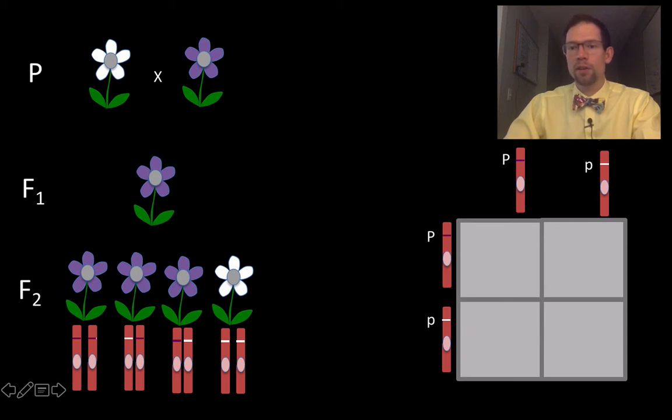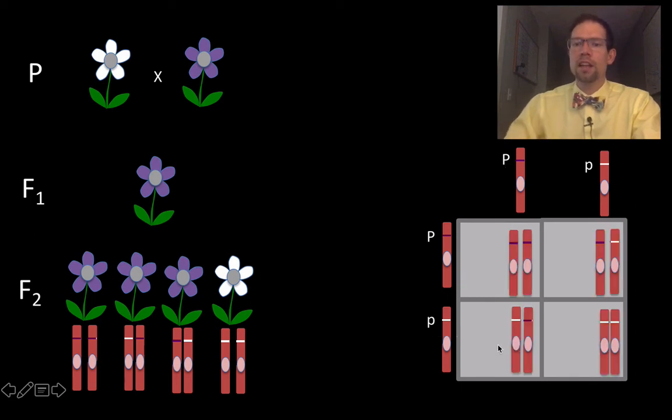This big P is going here, this little p is going here. This big P is going down here, and this little p is going down here. And then the last square is going to get two little p's. And so we end up with anyone that has a big P in it being the purple flower color, while anyone that has the little p's in it being the white flower color.